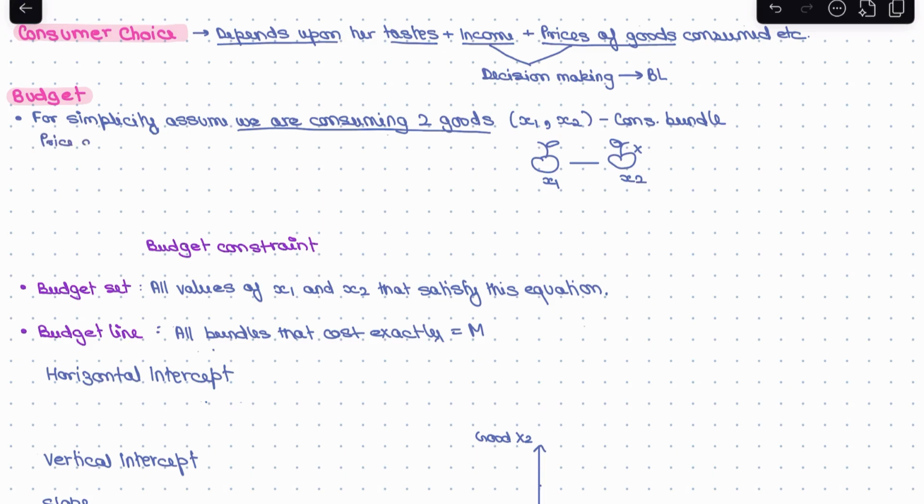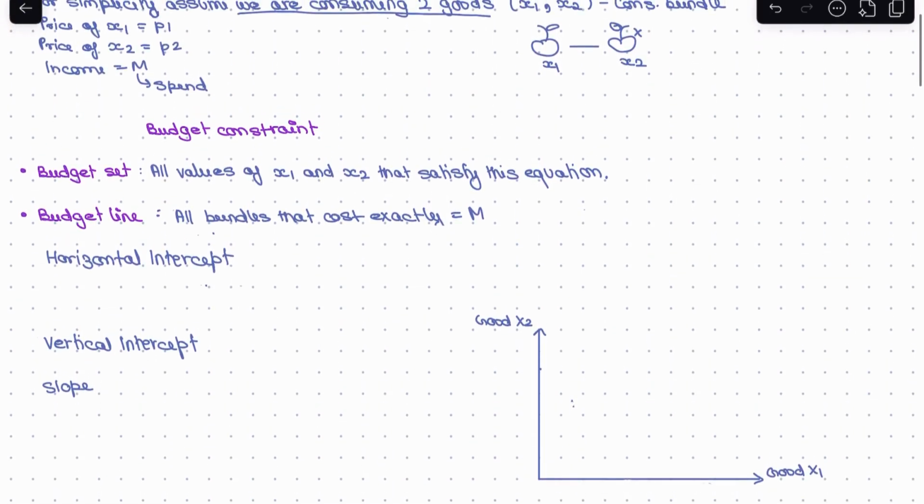Now, let us assume that the price of good X1 is P1 and price of good X2 is P2. We'll denote the income of the consumer as M. Income is how much the consumer can spend on both the goods. The budget constraint would be such that the total that the consumer spends on both the goods should either be less than or equal to the income that the consumer has.